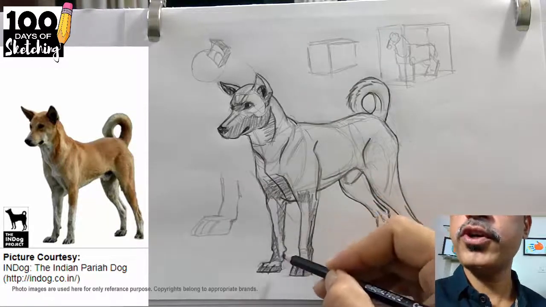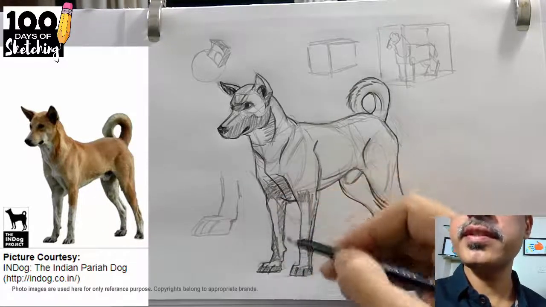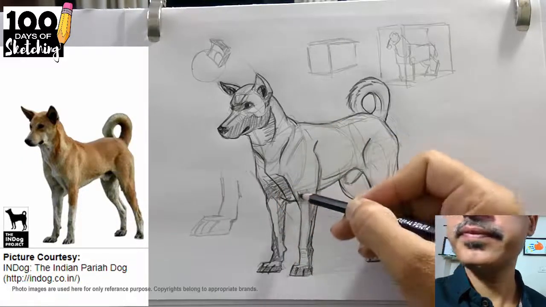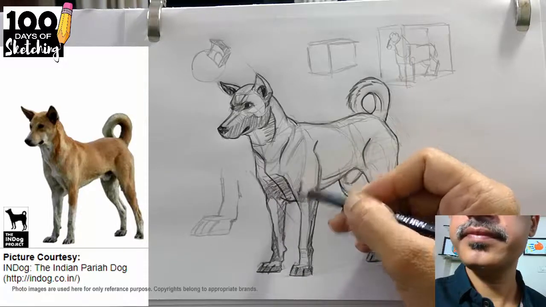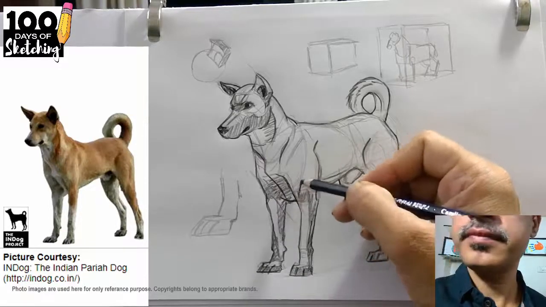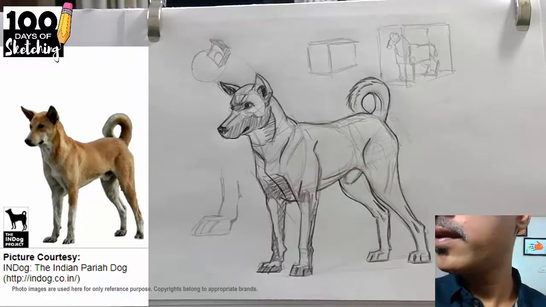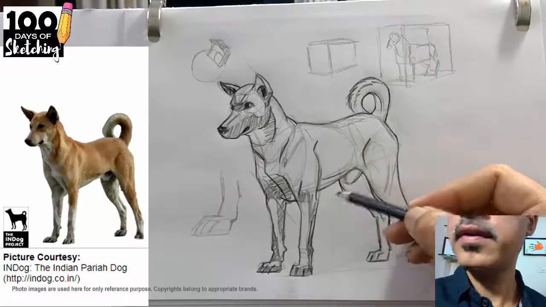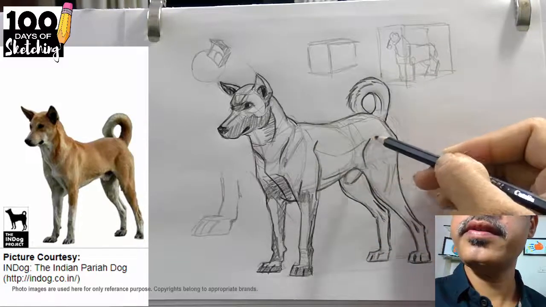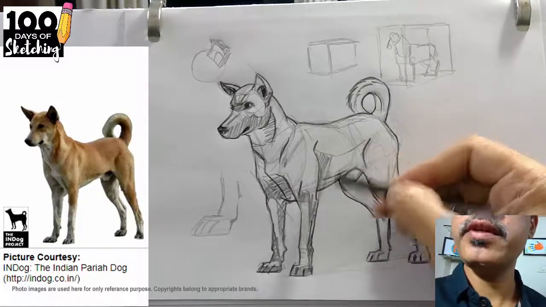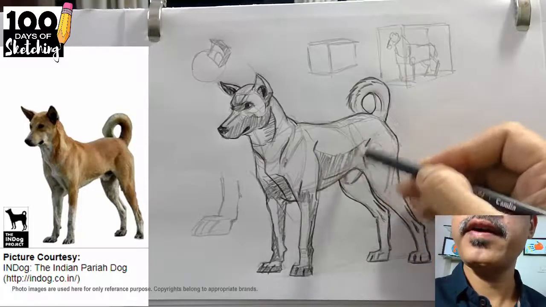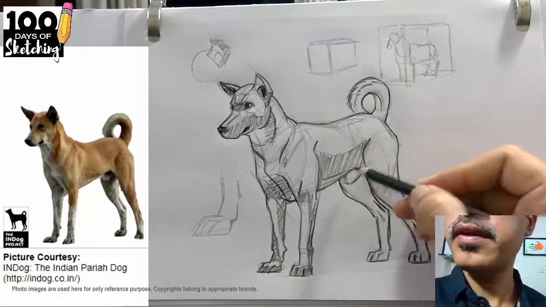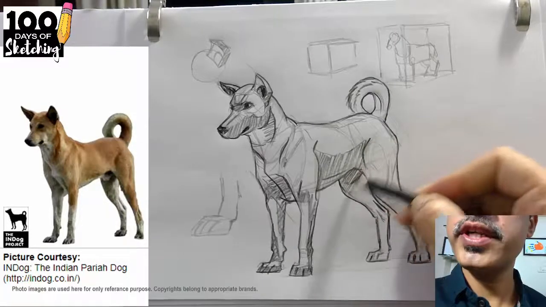Now because of this shading, you can see this muscle has a twisted kind of feel. And yes, dimension-wise, this can be a shaded part, and this will be a more darkly shaded part.